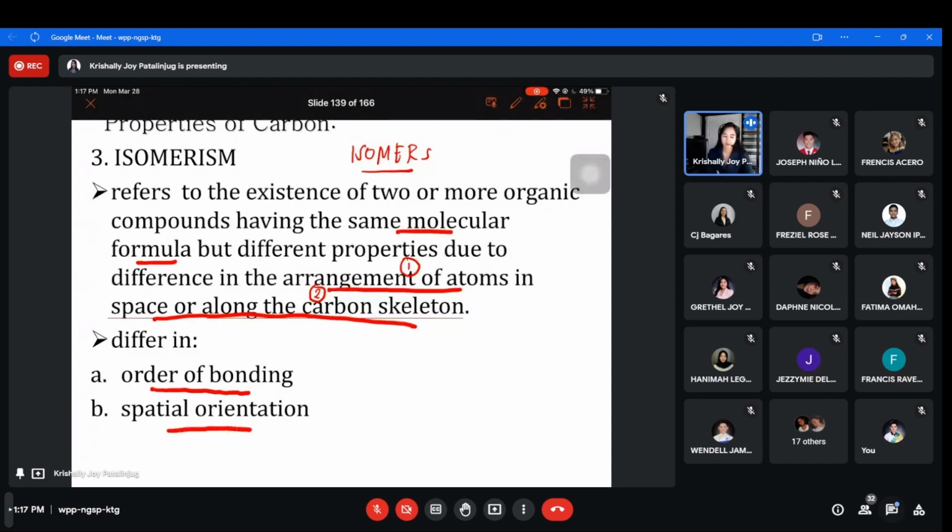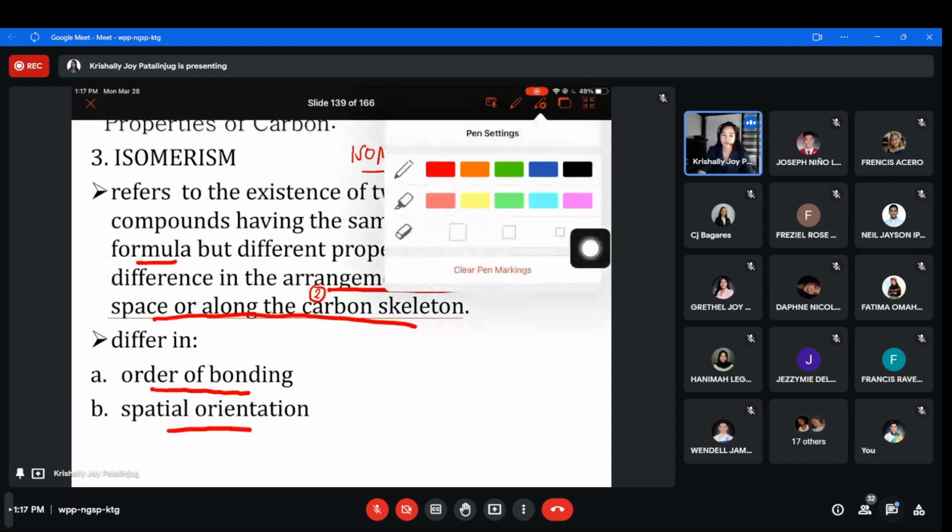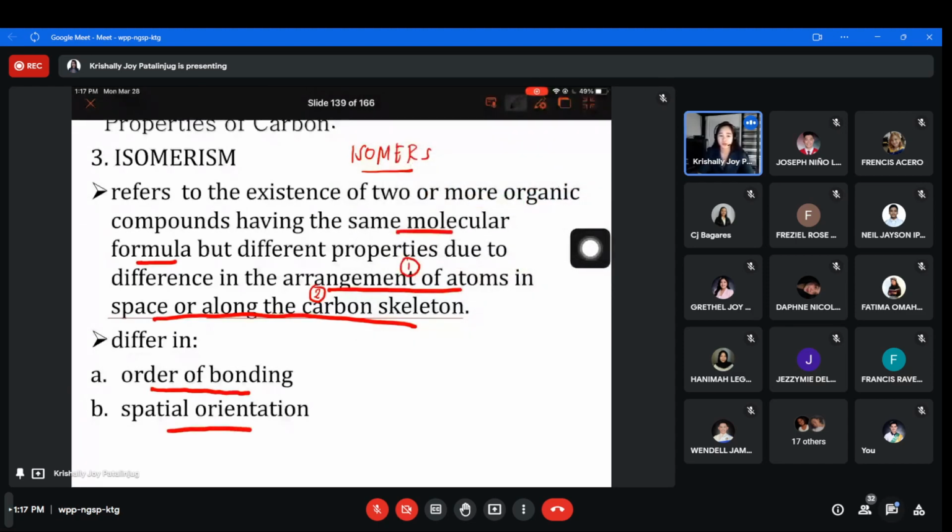Kaya meron tayong dalawang types of isomerism, yun yung idadiscuss natin. So I repeat class, meron tayong two general types of isomerism: structural or constitutional isomerism, and then yung isa is stereoisomerism.